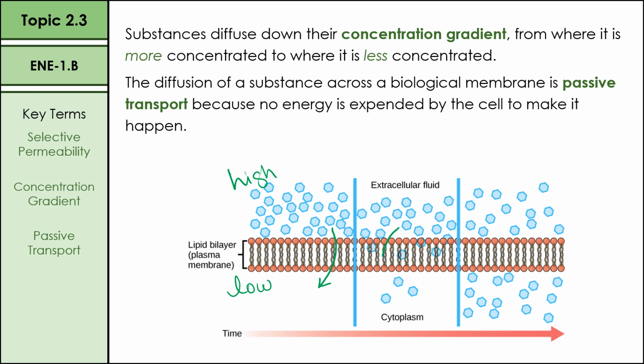This process is going to continue until we are equal on both sides. When we're equal on both sides, that means that as many molecules move in as they move out, so we're crossing the bilayer in equal quantities.